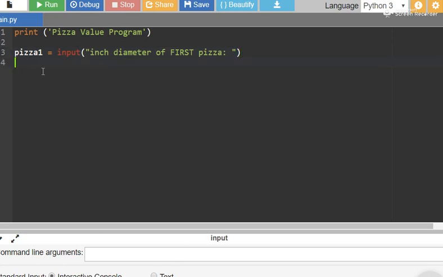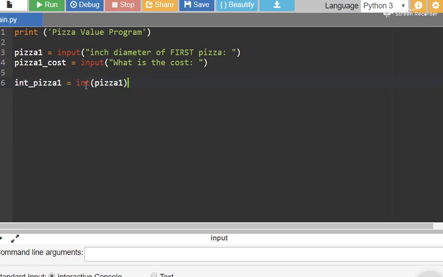We then want the user to input the cost, pizza 1 cost, input what is the cost. Sensible question. As you probably know by now, when you input a value, it's inputted as a string, and I want to force this into integers because I want to keep the number of decimal places quite sensible.